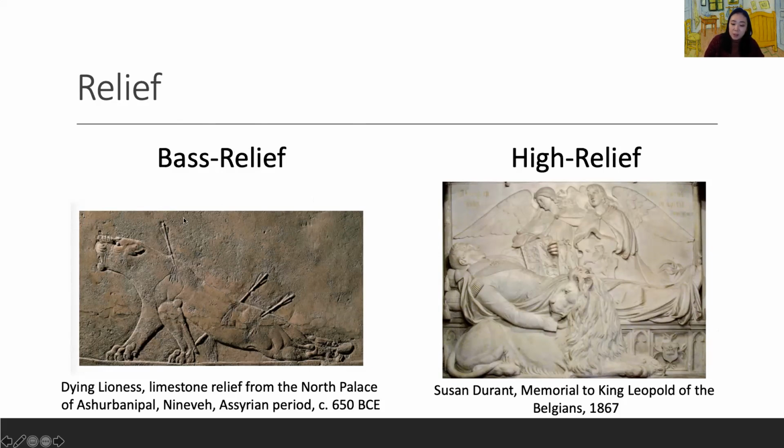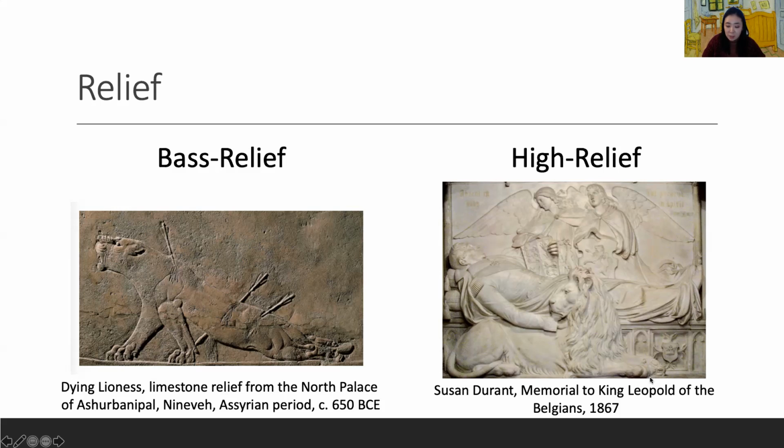Bas relief means low relief in French. The sculpture's marks are shallow. An example of this kind of sculpted surface was found in the north palace of the Assyrian king Ashurbanipal in the ancient city of Nineveh in Mesopotamia, which is in current-day Iraq.